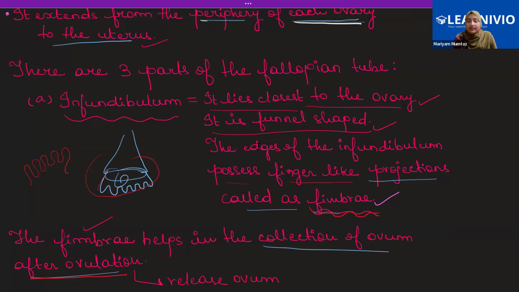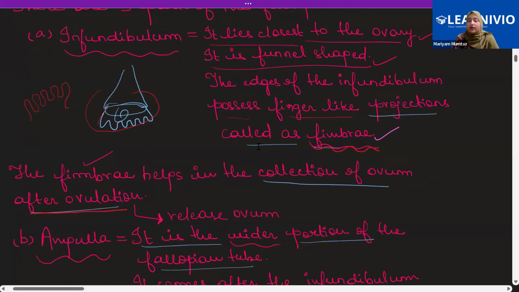The edges of the infundibulum contain finger-like projections which we call fimbriae. As I told you, it is responsible for the collection of the ovum as the ovary releases it. This release of the ovum is called ovulation.